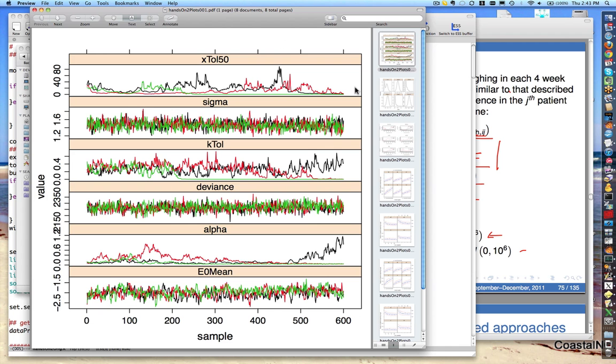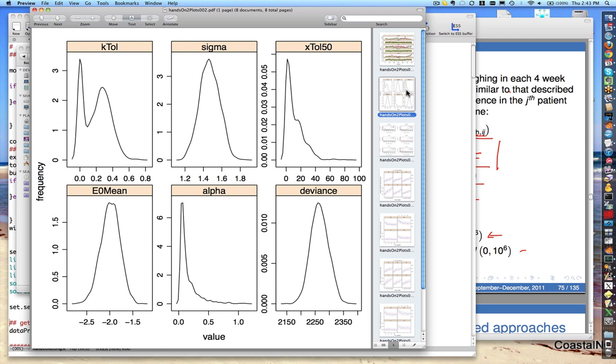By the way, I'm going to show you some of the other plots here. This is what the marginal distributions look like for the MCMC samples that were generated. Again, since they clearly haven't converged, they're not to be taken too seriously, except maybe as a diagnostic that some funny things are going on.